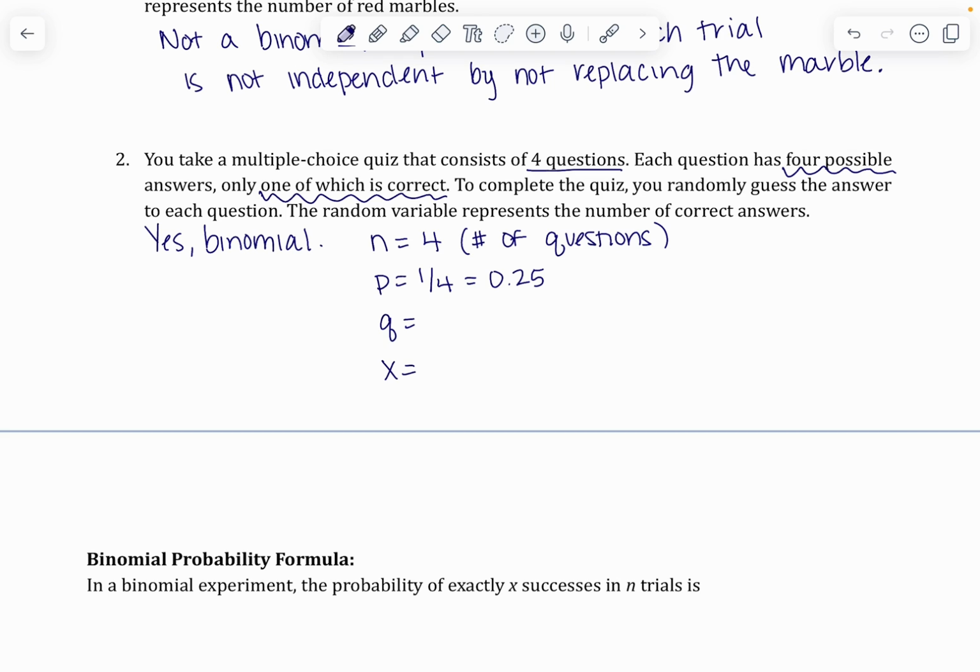Our probability of failure is 1 minus p, or 1 minus 1/4, which is 3/4, which would be 0.75. Then, to list our random variable, we're going to list how many correct answers could we get. So we could get none correct, 1, 2, 3, or all 4. Your x values will always start at 0 and will always end at your n.